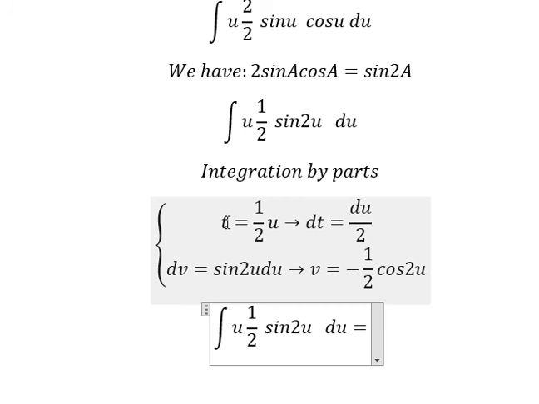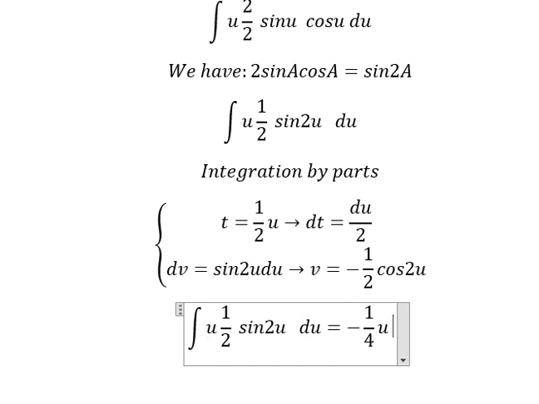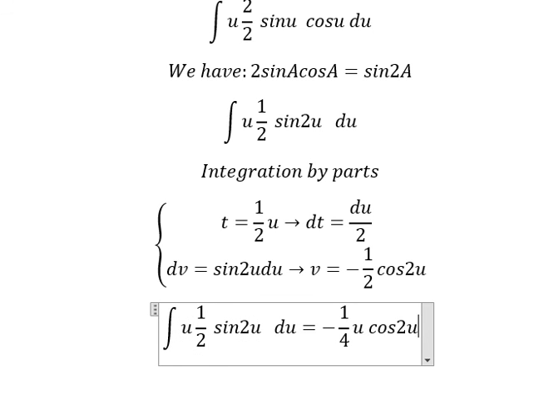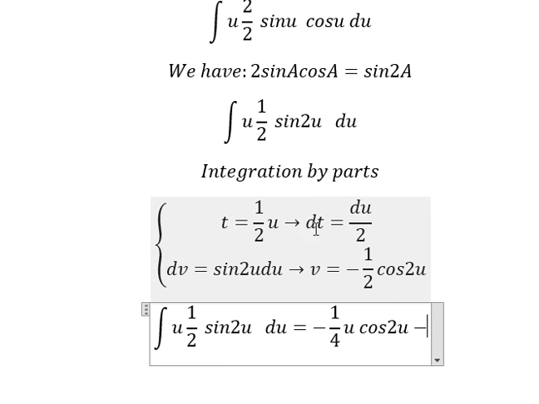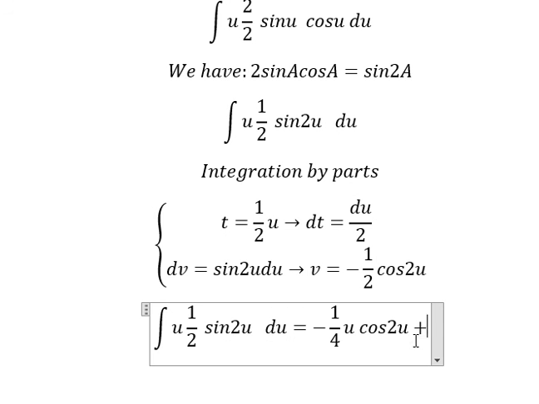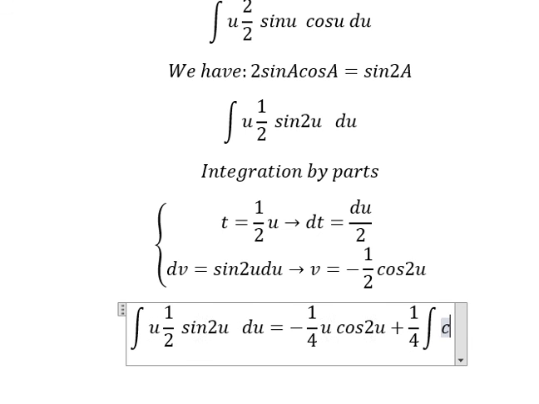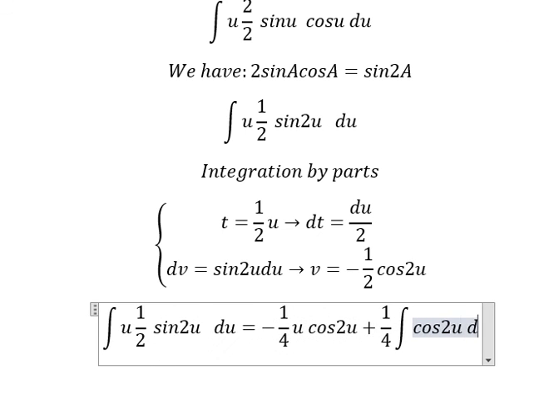So we have t multiplied by v, so we have negative 1 over 4 u cosine 2u minus dt multiplied by v, but we have negative 1 over 2 and we have another number 2 in here, so you get positive 1 over 4, and we have the integration of cosine 2u du.